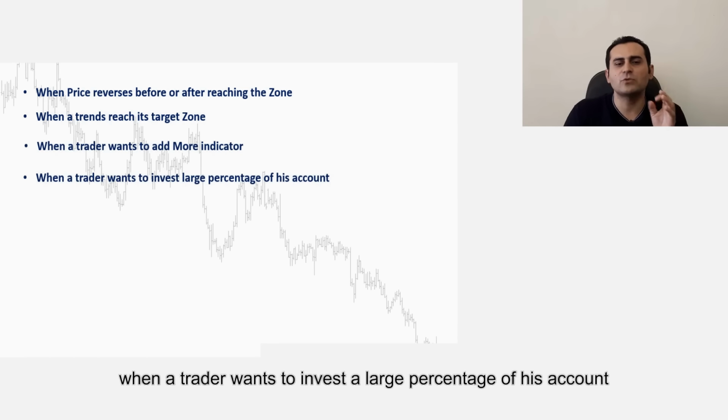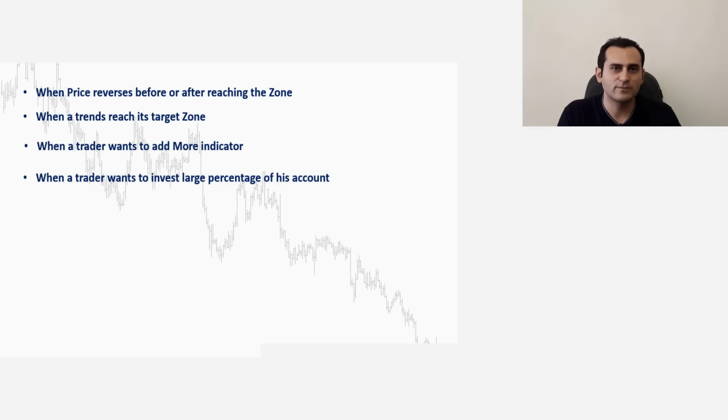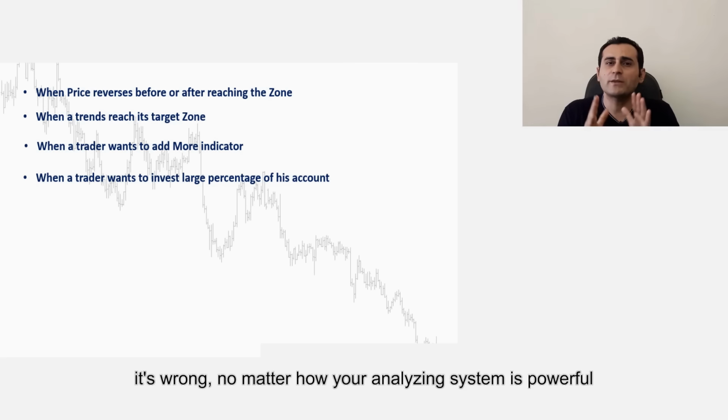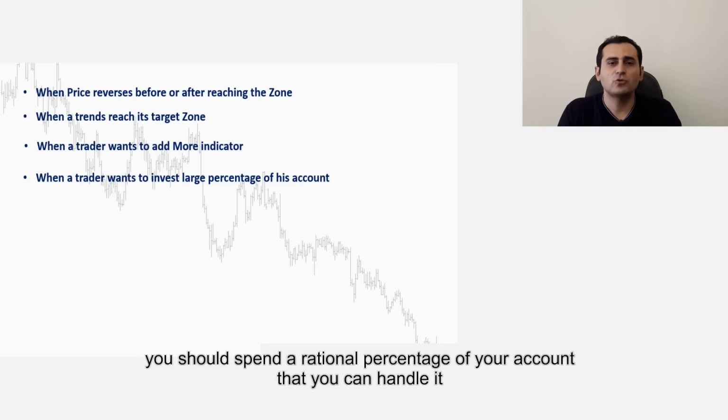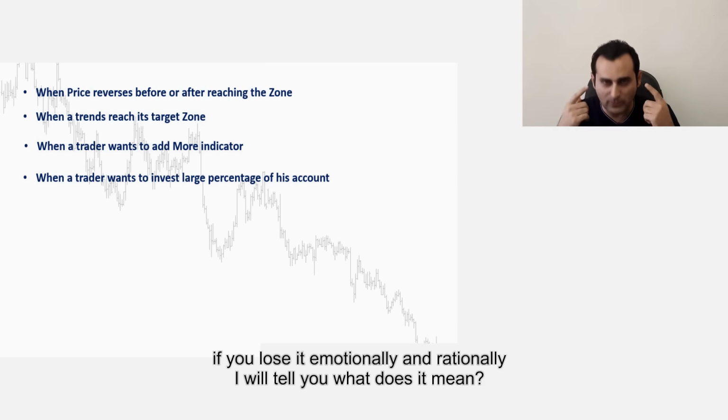When a trader wants to invest a large percentage of his account, it's wrong. No matter how powerful your analyzing system is, no matter how much of a master you are, you should spend a rational percentage of your account that you can handle losing, emotionally and rationally.